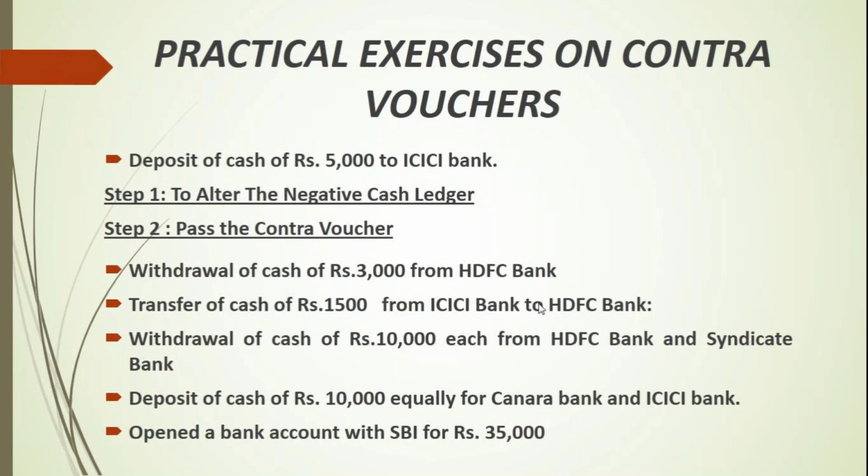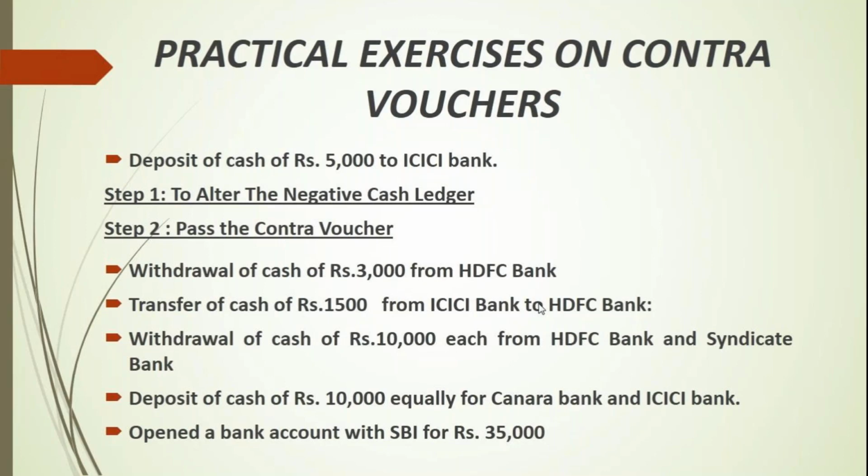Because both are banks and both are artificial persons, both are personal accounts, right? So, what is the rule of personal? Debit the receiver, credit the giver. Now, here, who is the receiver, who is the giver? HDFC Bank becomes the receiver because HDFC Bank is receiving the funds, ICICI Bank is the giver of funds. So from ICICI Bank it is going to HDFC Bank, 1,500.